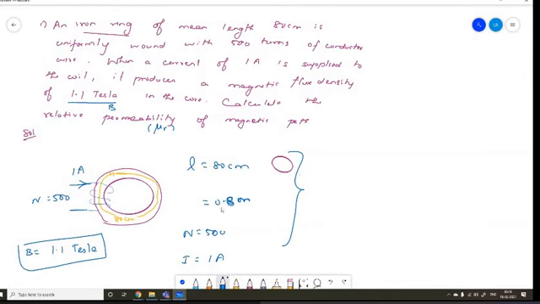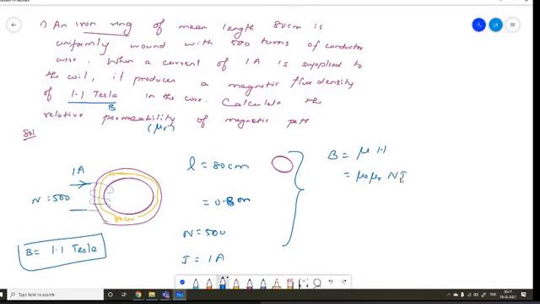So let us try to obtain an expression relating all this. B is given to us, and that B is nothing but mu into H. So this mu is nothing but mu 0 into mu R. And what is the expression for H?